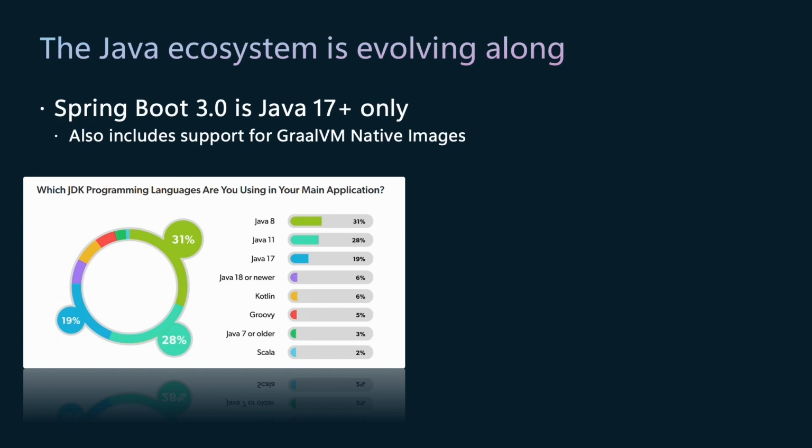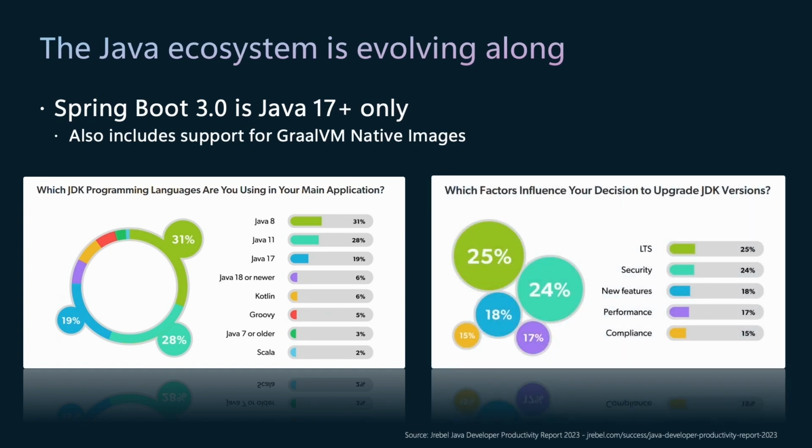And why do they move? We heard Michael talking about security when they move their applications to the cloud. Moving to newer versions of Java also provides security enhancements, as security fixes are provided in new versions. So security is a very important aspect of that, and staying with the long-term support version of Java with the latest is part of that. Customers want to feel secure, and they want to know that they have the support from their vendors.